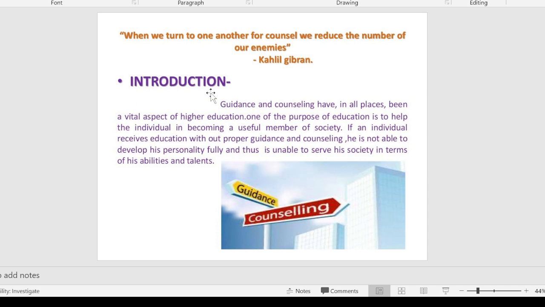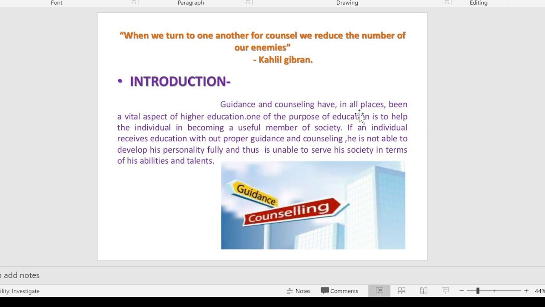In nursing colleges, and in intermediate, and nowadays even in 10th class and primary high schools, counseling and guidance sessions are going on, regarding adjustment problems and social problems.